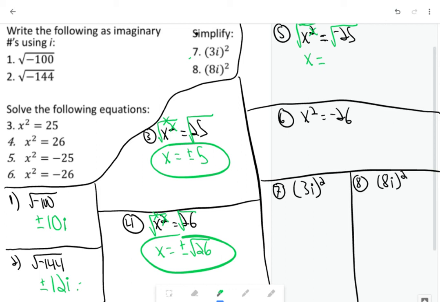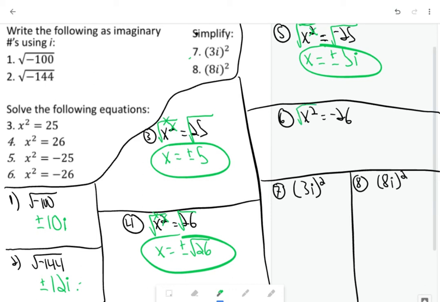But because we know about imaginary numbers now, we can say that the answer, instead of being positive and negative 5 like it is in number 3, is positive and negative 5i. So x equals positive and negative 5i in number 5. Same thing with number 6.